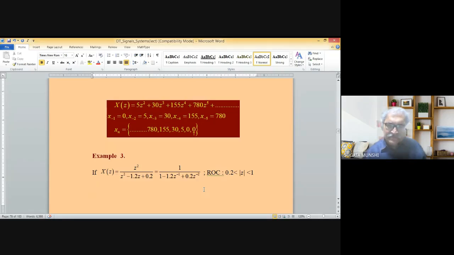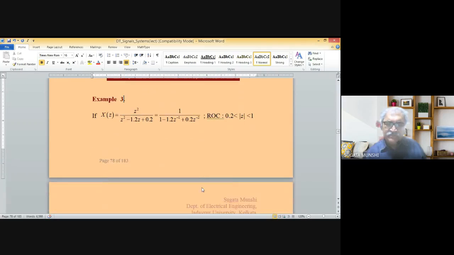You can well understand that because it's an annular region centered at origin in the z plane, a ring-shaped region with inner radius 0.2 and outer radius 1, the sequence which will be the inverse Z transform of X(z) must be a two-sided sequence. It must have its causal component and anti-causal component.